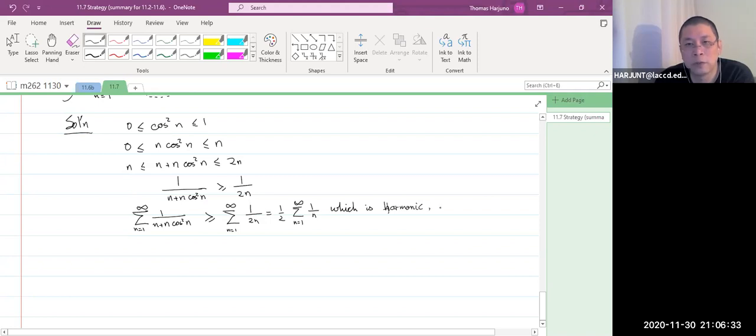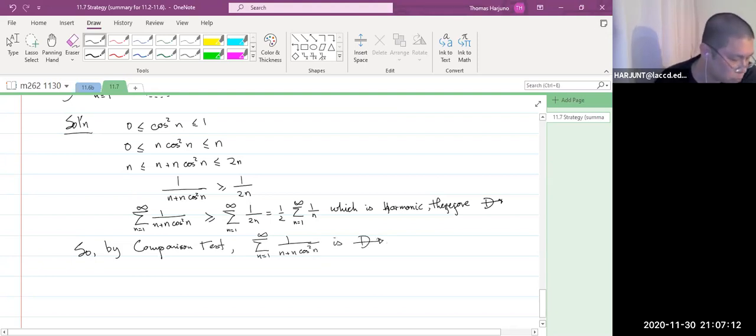Therefore, divergent. So by comparison test, this series, again, every time you want to say this series, be explicit which series you're talking about.